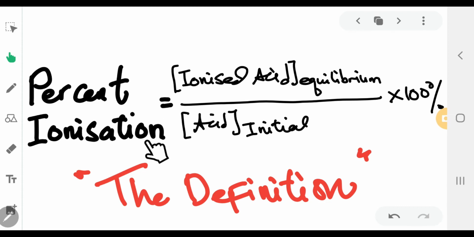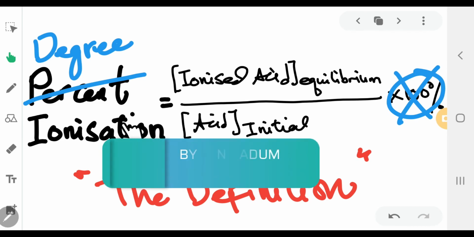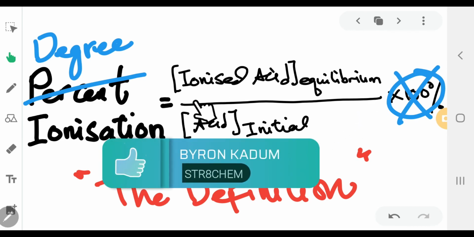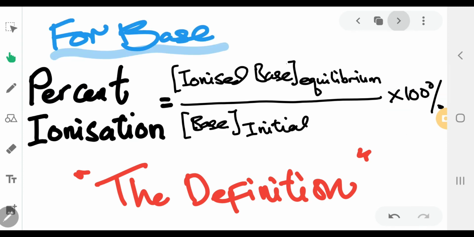If the question in exams wants you to write the definition for percentage of ionization of an acid, you should write this. If you have degree of ionization, it will be the same definition, except you ignore the times 100%. The same goes for base.